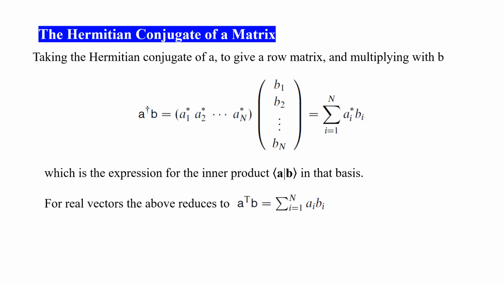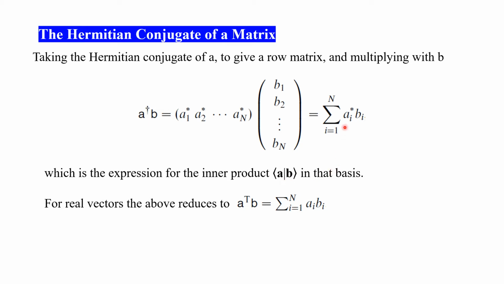So you have this here, and multiplying it with B, that is A dagger times B, equal to this Hermitian conjugate of A times the column matrix of B. If you multiply this out, you see that this is just equal to the sum of A_i star B_i, which is the expression for the inner product, bra A ket B, in this basis.